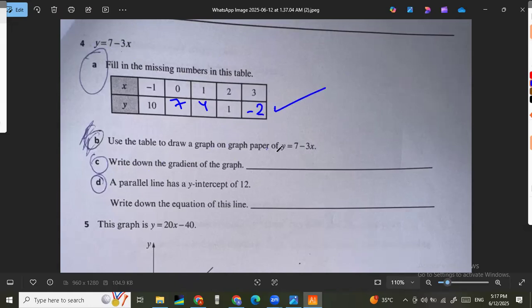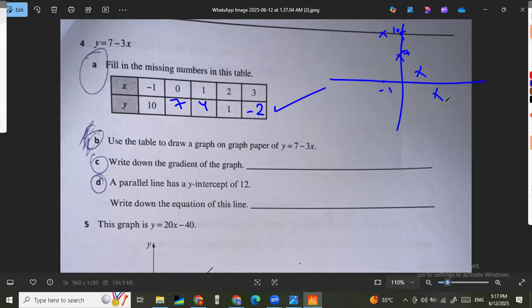Use the table to draw a graph on graph paper. We'll use the graph paper with -1. Let's assume this is -1 and 10. I'm going to put x over here. 0 and 7, let's assume this is the 7, put the x over here.